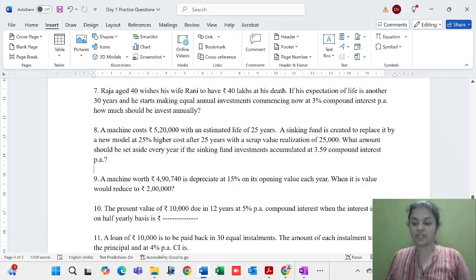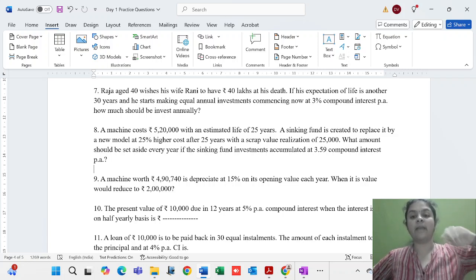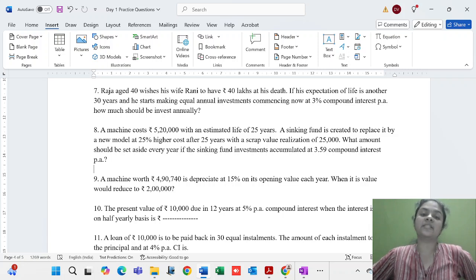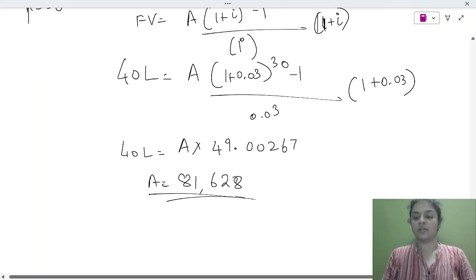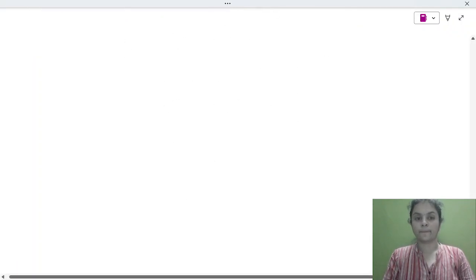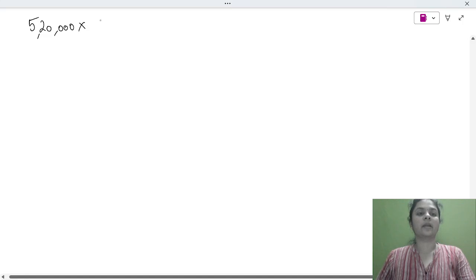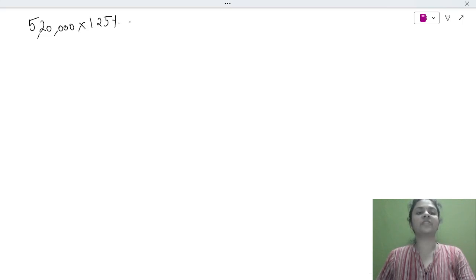Okay, too much information. Let us break it down. A machine costs 5,20,000 with an estimated life of 25 years. But they are saying, I am going to create a fund to replace this machine. So in the future, how much I am going to replace it? What is the cost of the replacement machine? 25% higher than 5,20,000. Put into calculator: 5,20,000 into 125%, or plus 25%.